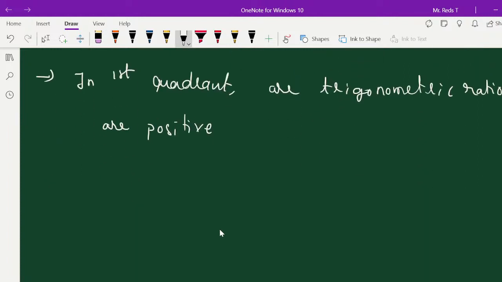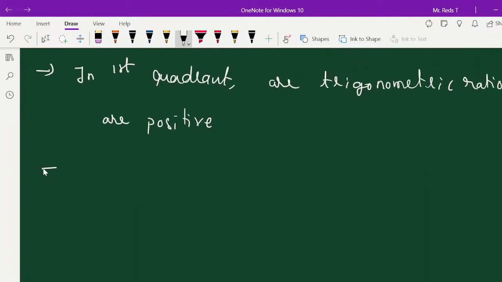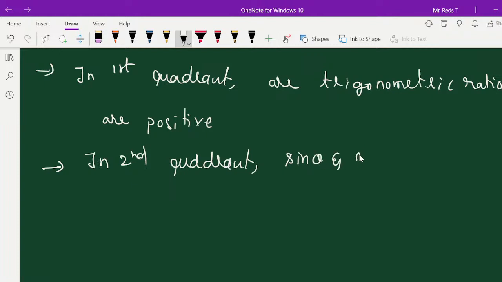Next, in the second quadrant, sine theta and its reciprocal cosecant theta are positive, which means the remaining functions are negative. Cos is negative, its reciprocal secant is negative, tan is negative, cot is negative, all other remaining functions are negative.